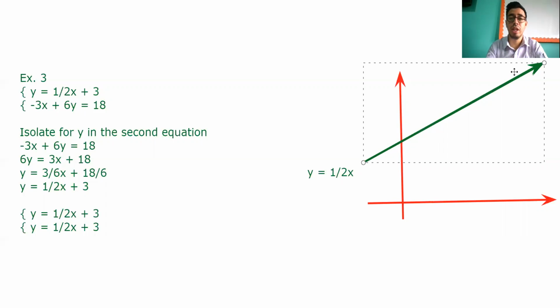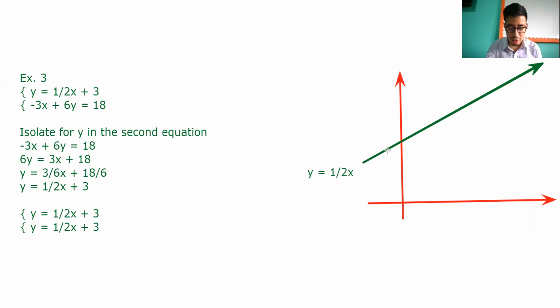In this case, we have infinitely many solutions because we can't even count how many solutions we have. So the lines are the same, so the system has infinitely many solutions. Each point, x or y, on the line represents a solution. Each point that you can take from here can represent a solution.